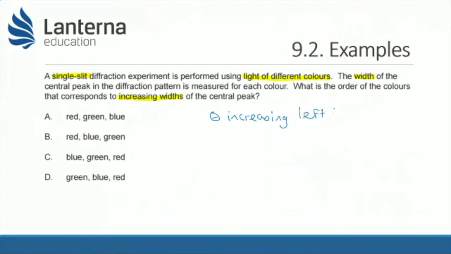And because I've got different colors, which correspond to different wavelengths, I need lambda over b to be increasing, which means I need the wavelength to be increasing. So remembering that red is the longest and blue is the shortest, straight away that's just going to be C. It's really good knowing your visible spectrum really well. Be careful, so many people would have put red, green, blue because they are rushing it. So always make sure you put it in the correct order.